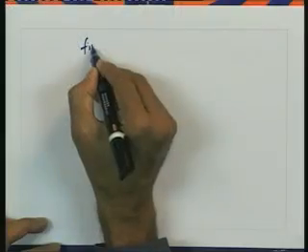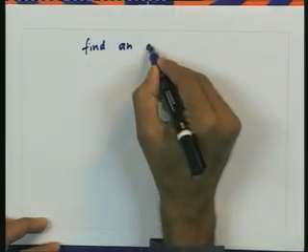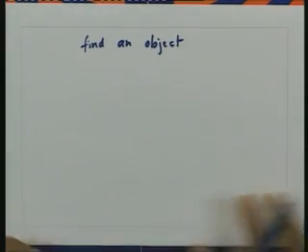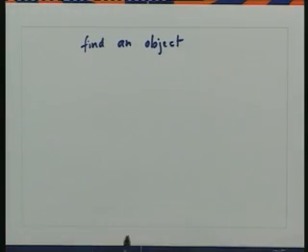The general problem that we are going to address is something like the following. We want to find an object, and this will usually be a discrete object, say a set of numbers or a graph. Since it's a discrete object, when we talk about a set of numbers, we will usually mean a set of integers or even perhaps a set of 0, 1 values.